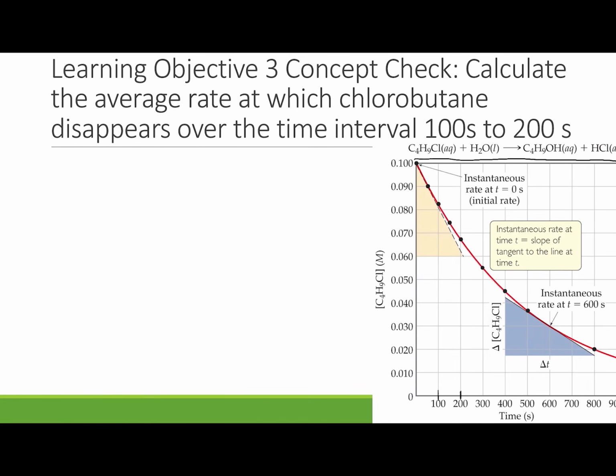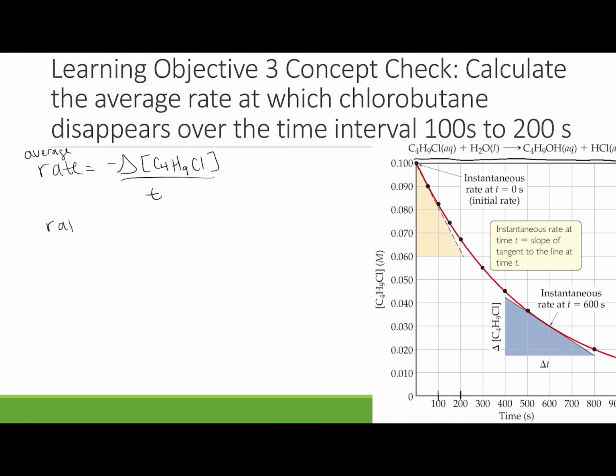Okay, so we want to look at how chlorobutane changes over that time interval and determine the average rate. So our rate is going to be the disappearance of our chlorobutane over time. Okay. And again, this is our average rate. We'll look at other ways of describing rate, but right now let's look at average rate.